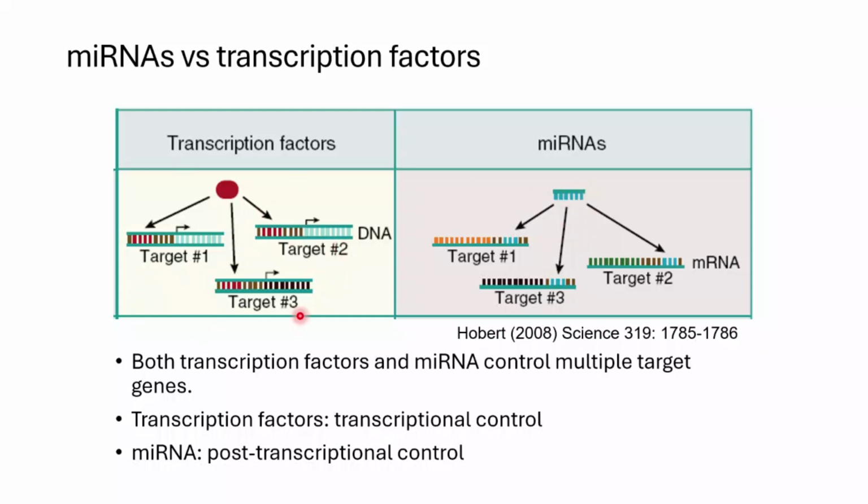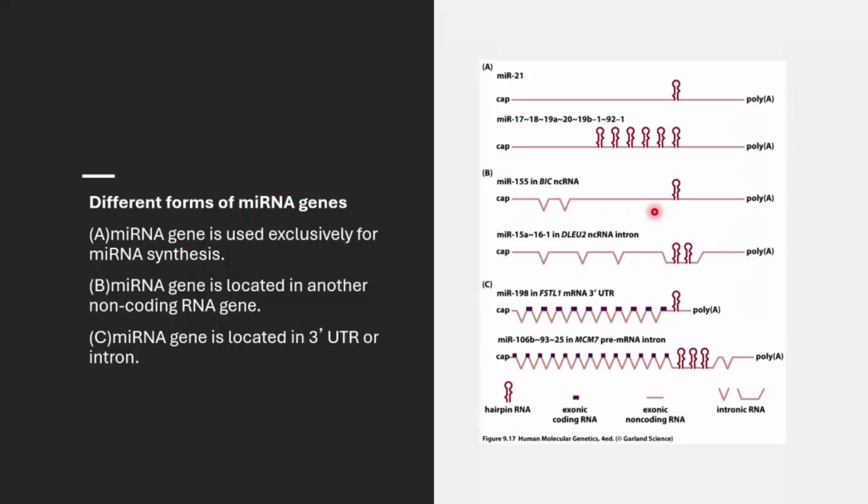The transcription factors control the genes at a transcriptional level, while the microRNAs work at the post-transcriptional level. And here are a few examples for different types of RNAs. So microRNAs, as I told you, are found within the transcript itself that they're trying to silence. So MIR21, I forgot what disease this is linked to, but I think MIR21 is cancer, okay?